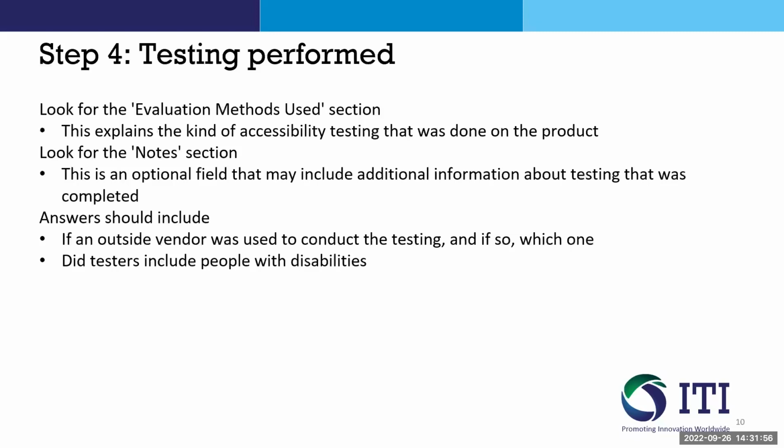The notes may also have information for you as the evaluator or the reader of the VPAT. It should include something like whether an outside vendor was used to do the testing and which one. And then you can also look for, was the product tested with users with disabilities? That's a good thing to question. And if the evaluation methods used section or the notes section is blank, especially the evaluation methods used section of that title page, you should ask about that.